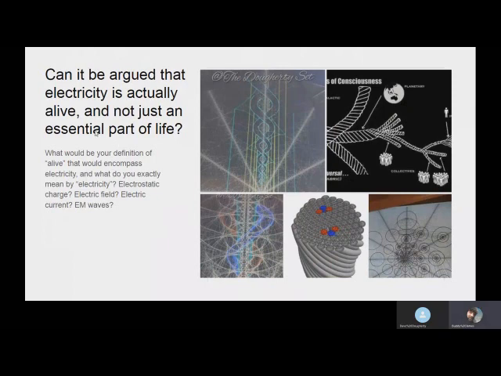What would be your definition of alive, that would encompass electricity, and what do you exactly mean by electricity? So we got to define exactly what we mean by electricity here. Electrostatic charge, electric field, electric current, electromagnetic waves. There's so many different aspects and attributes of electricity.